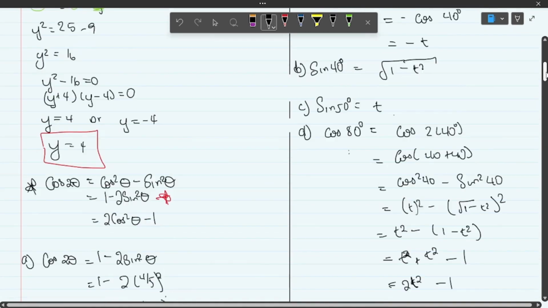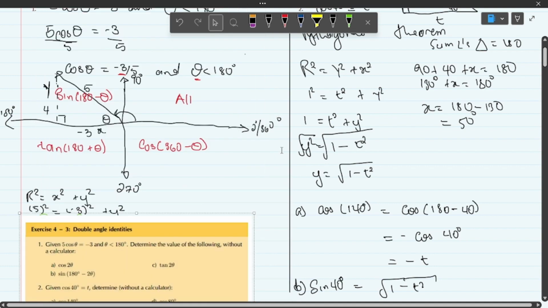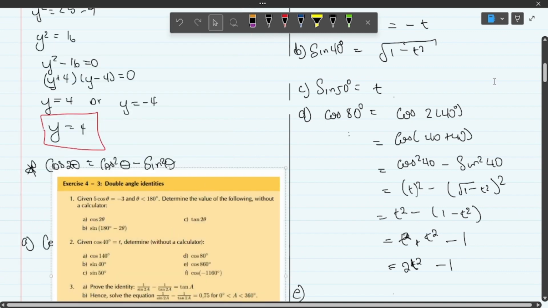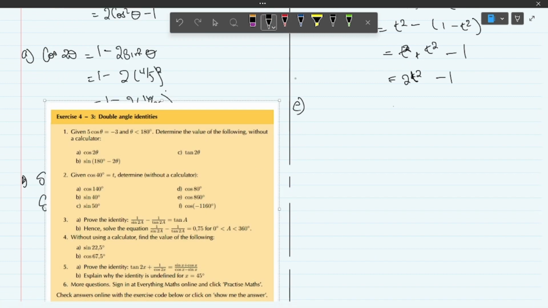Question number E says cos 860 degrees. Right, so we need to reduce this.